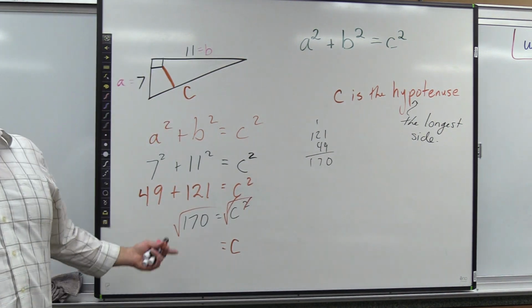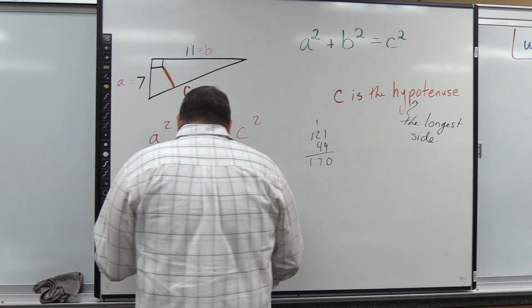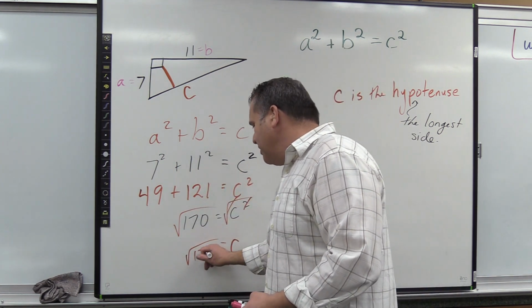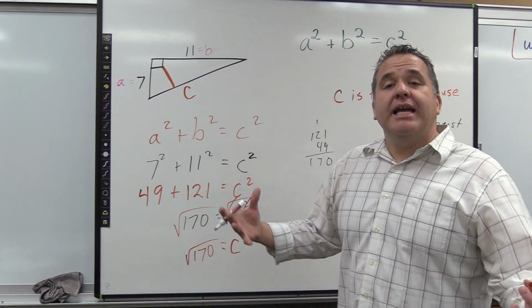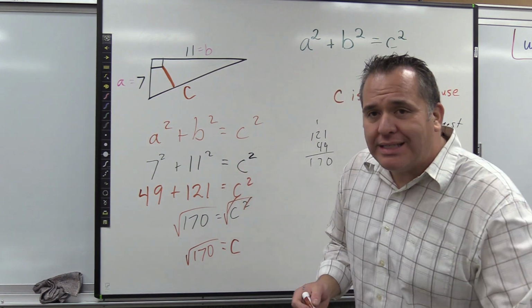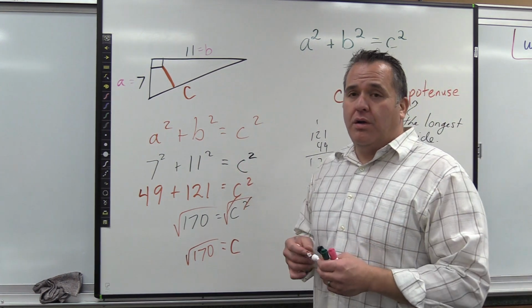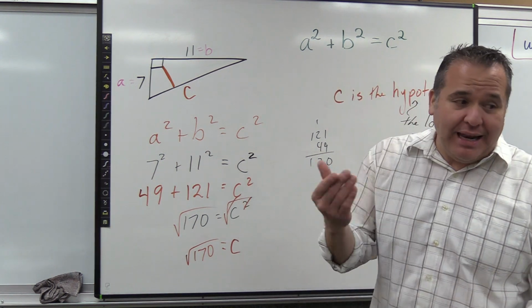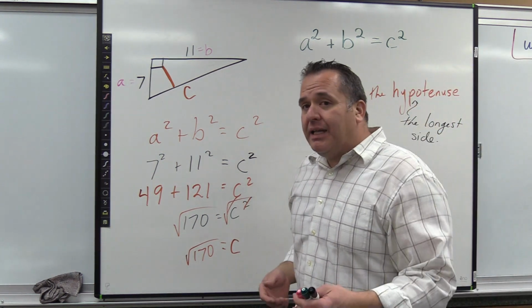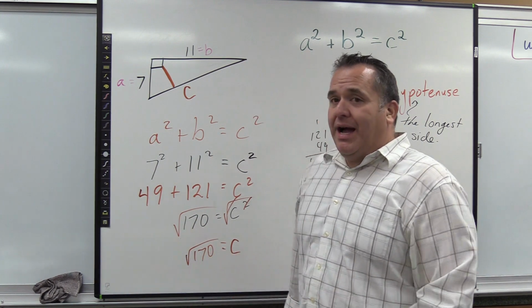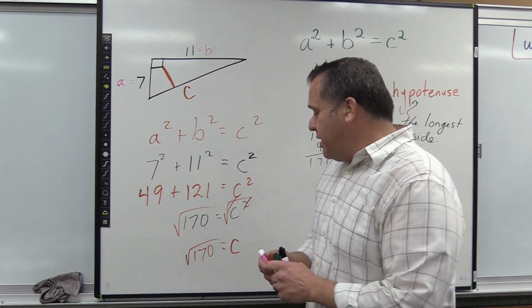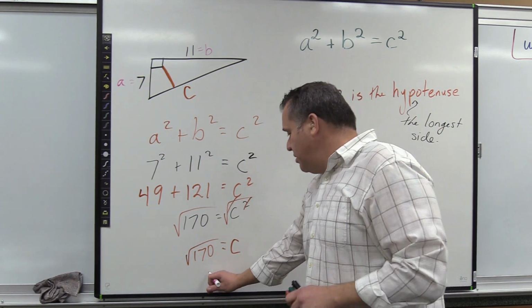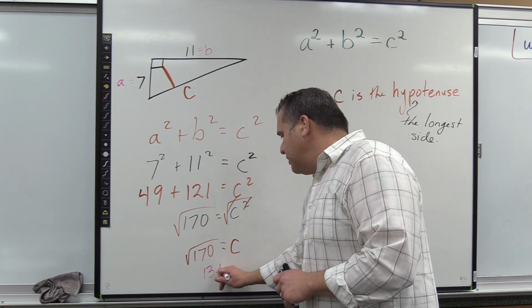Now, if we don't know it, let's just write down the square root of 170 is equal to C. It's okay to have a square root as an answer. That's not wrong. Now, if it's asked to, you got to round it or something like that. Like on our worksheet, if you look, people, it's got this simplified. It says that it's about 13.0.